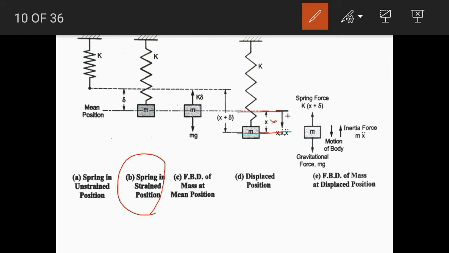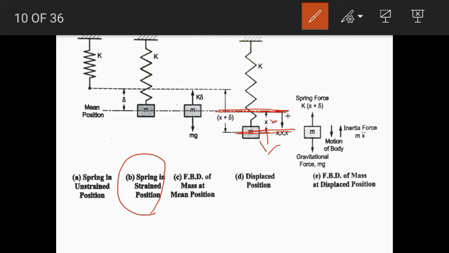During that motion, the system has acceleration in the downward direction, and that's why the system no longer remains in static equilibrium or dynamic equilibrium. So for this instant of time, whenever the system is deflected through distance x from its mean position, this being the mean position of the system, we need to analyze the system.